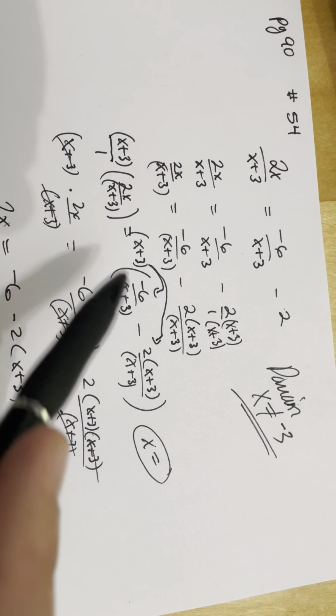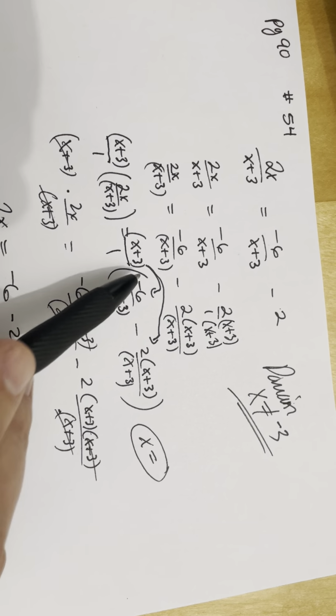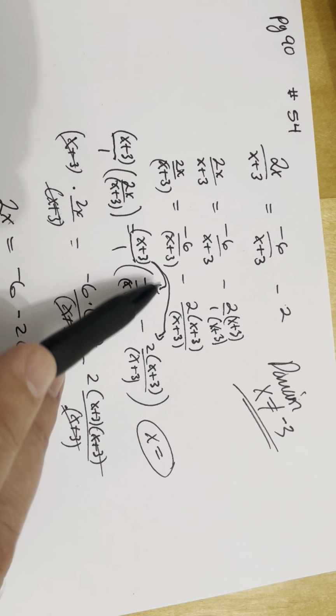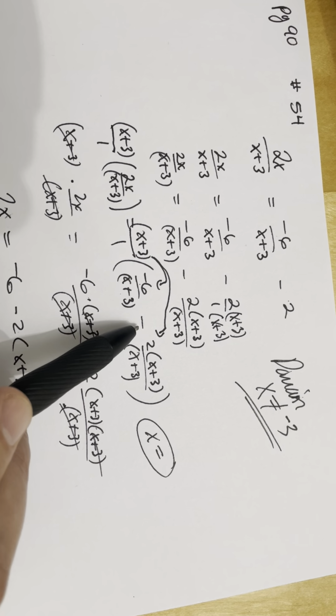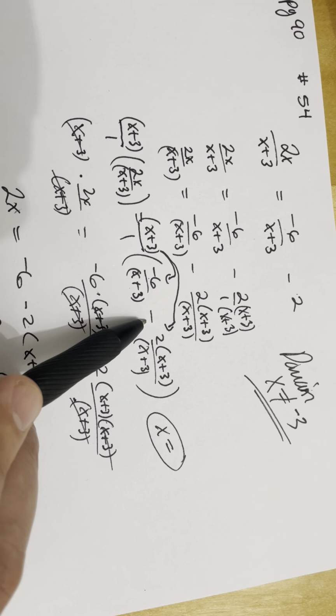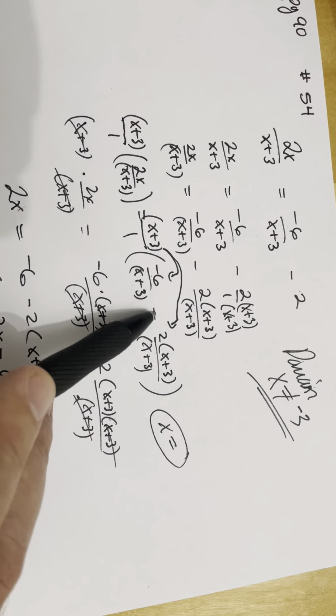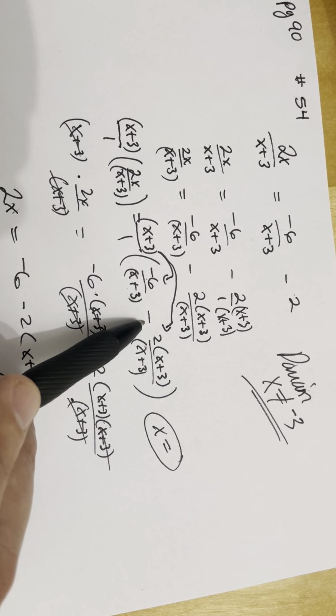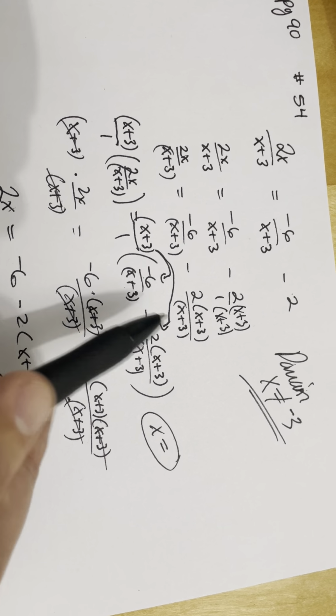What happens here, again, you put it over 1, and you multiply top to top, bottom to bottom, but you also have to consider the fact that we distribute. We have the multiplication operation going on, and we have subtraction going on. And distribution occurs when we have those two operations being present at the same time.